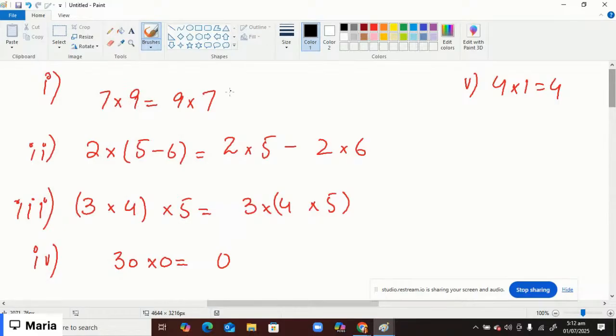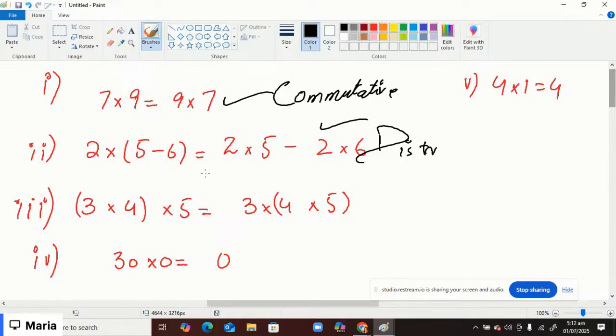These are just shifting the position. This is commutative. What is the second property called? This is called distributive. What is the third property called? 3 times 4 times 5, 3 times 4 times 5. Just putting the bracket on the first two digits, now putting the bracket on the last two digits. This is called associative.